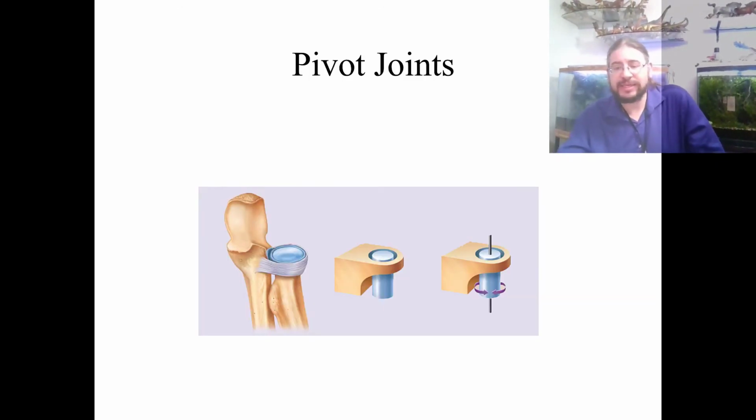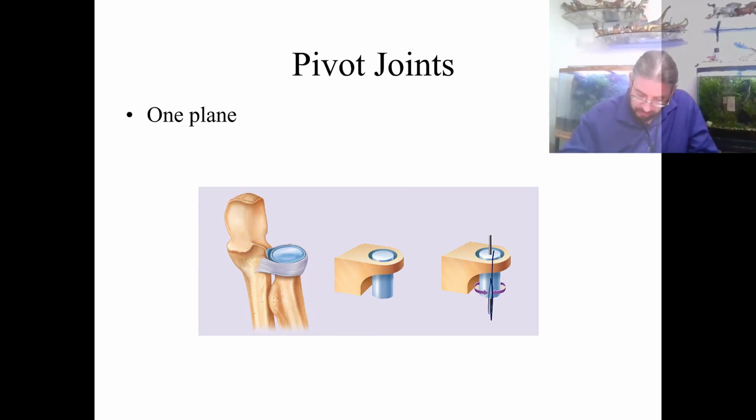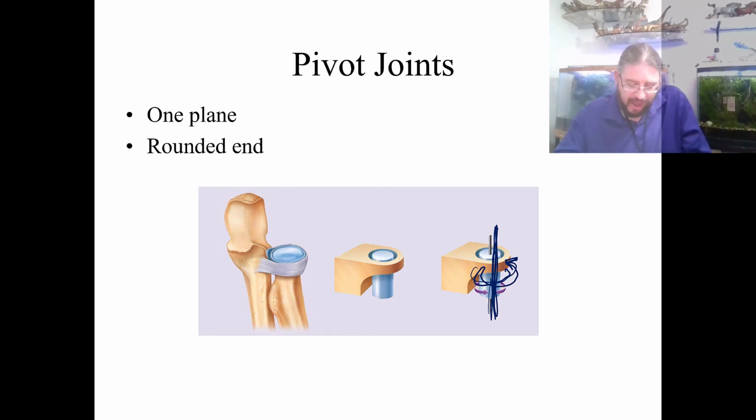Okay, pivot joints. This is movement in one plane when you have a rounded end of a bone. So again, we have one plane of movement, and it can move along that one plane. And this is where we rotate in place. So there's a rounded end, and it rotates in place.